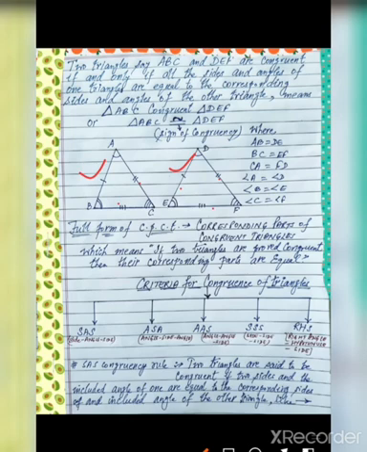All three sides and angles of one triangle, angle A equal to angle D, angle B equal to angle E, angle C equal to angle F, are equal to the corresponding sides and angles of the other triangle, which means that these two triangles are congruent.